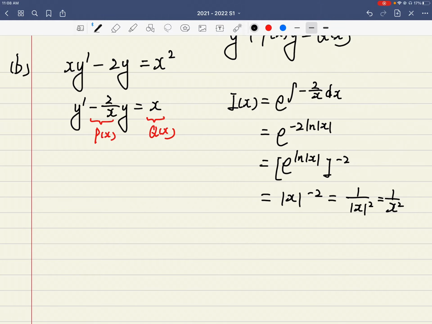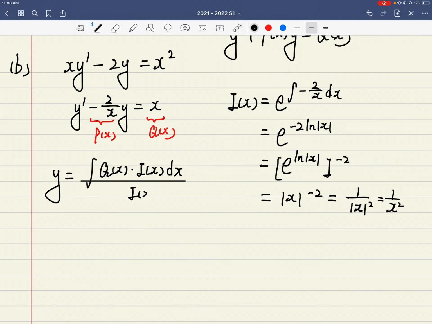So that's I(x). So to write down y, you just need to integrate q(x) times I(x) over I(x). Okay? So here you just need to integrate q(x), it's x, right, times I(x) is 1 over x squared dx, over I(x), right, over 1 over x squared.